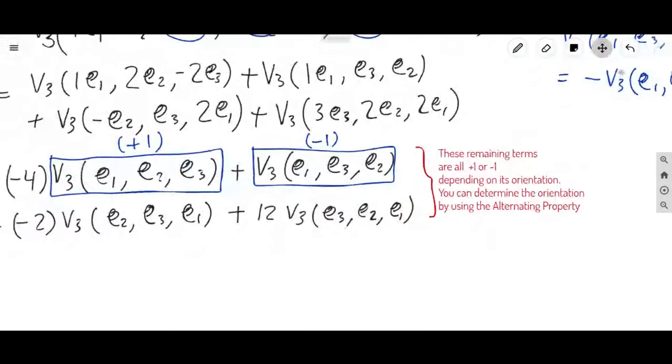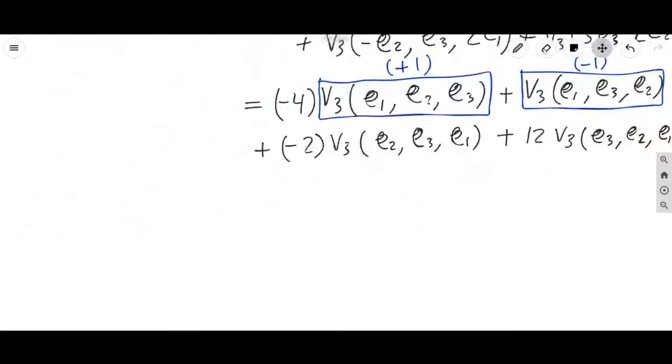Now, we have this one down here. Let's figure that one out. So let me do it over here on the side. So you have V3 of E2, E3, E1. Let's figure out what that is. Every time you flip the vectors, you're changing the sign. You have a sign change anytime you do a flip.